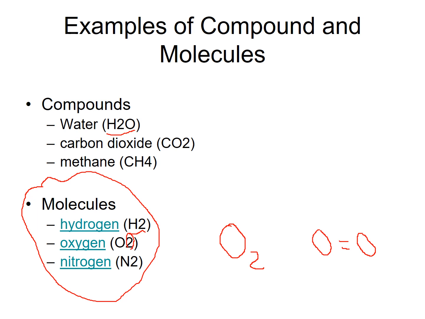So again, compounds have 2 or more different elements, like here, 1 part carbon with methane, 4 parts hydrogen.